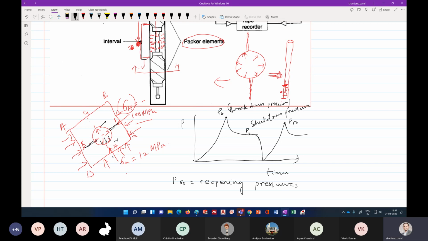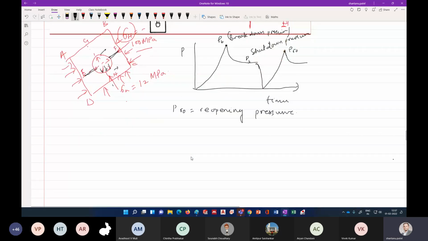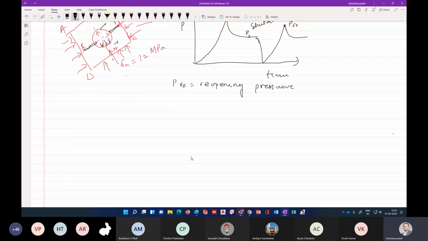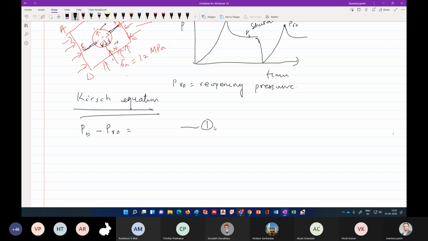So we have basically three formulas here. I'll just quickly write, I'm not explaining. Based on the Kirsch equation, we have three things here: PB minus P reopening equal to. Can anybody tell me, from your mining students, what is PB minus P reopening?